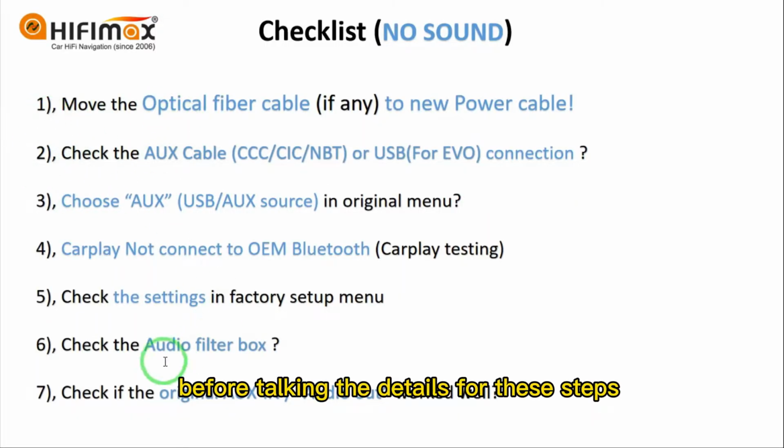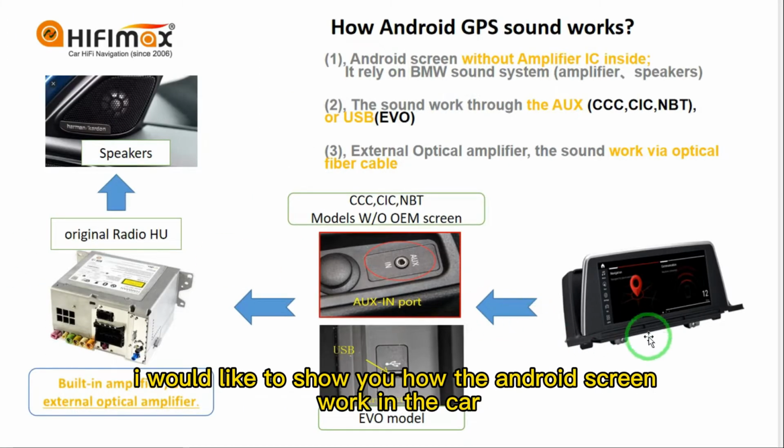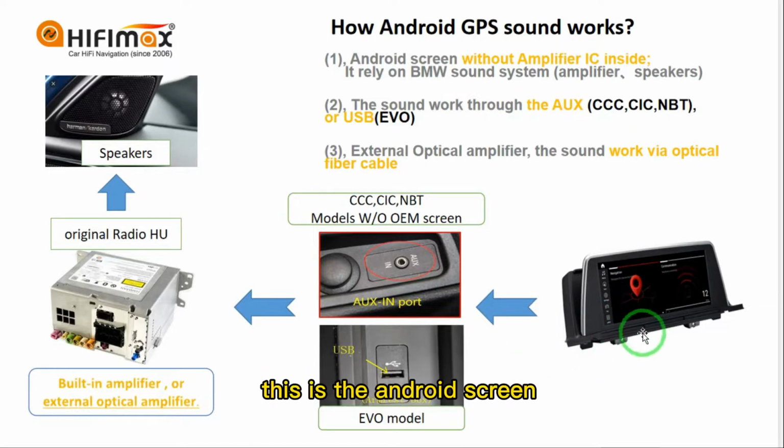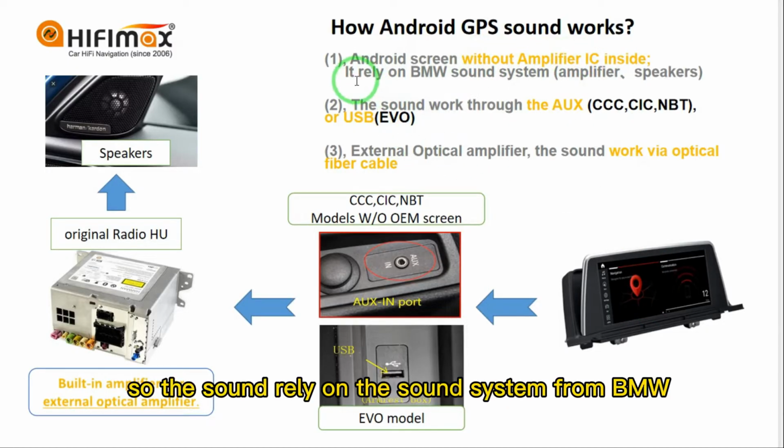Before talking about the details of these steps, I would like to show you how the Android screen works in the car. This is the Android screen, without an amplifier inside, so the sound relies on the sound system from BMW.